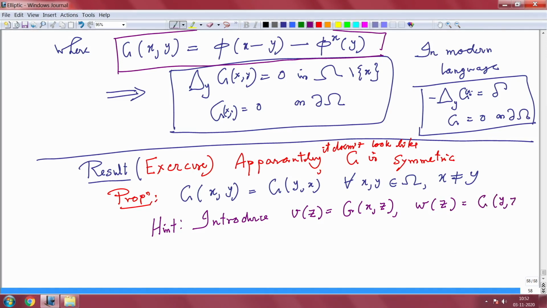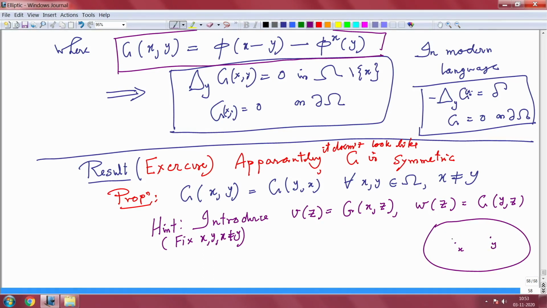Fix x and y in omega, x not equal to y, and define that. Okay. So, you have a domain omega, and you have two points x and y.